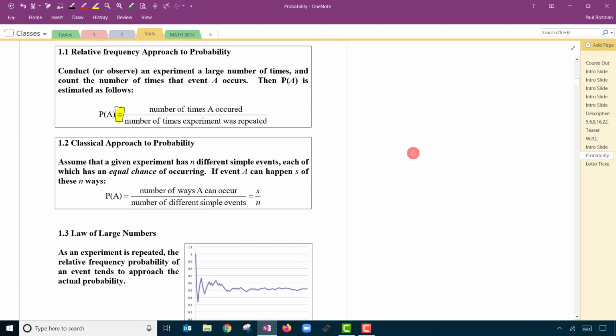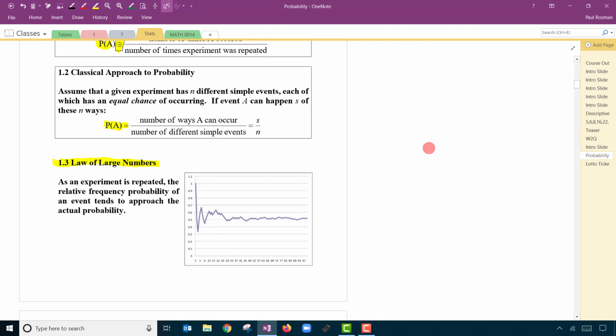The nice thing about them is that this experimental version will actually get very close to the classical or theoretical answer as long as you repeat your experiment enough times. And that's this law of large numbers. The more times you repeat an experiment, the closer your relative frequency probability estimate will get to the actual probability.